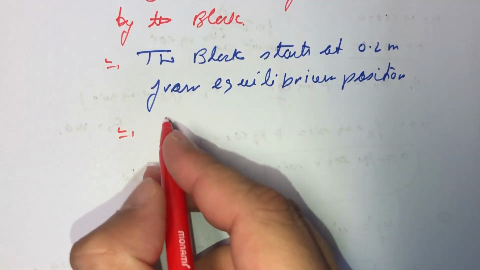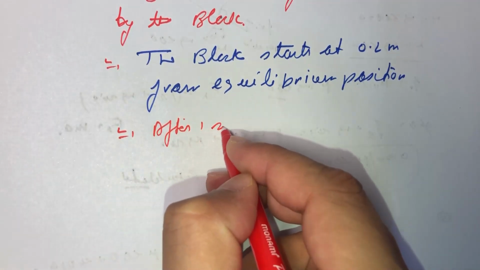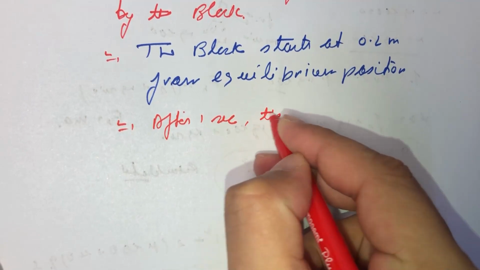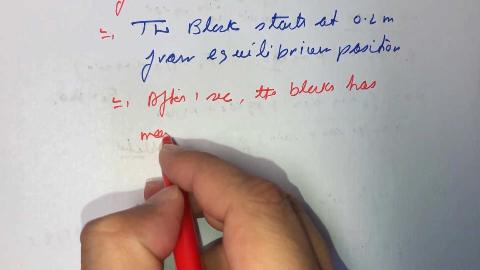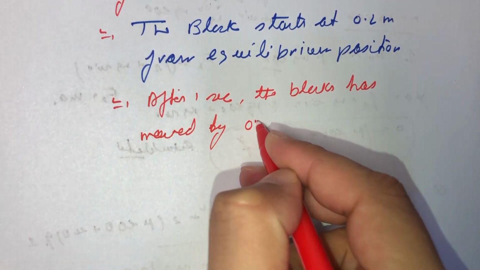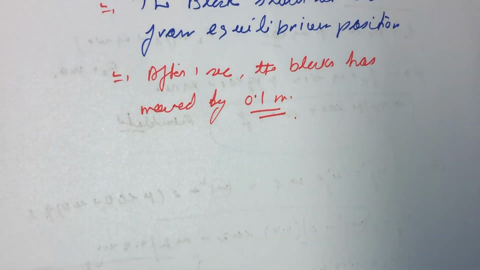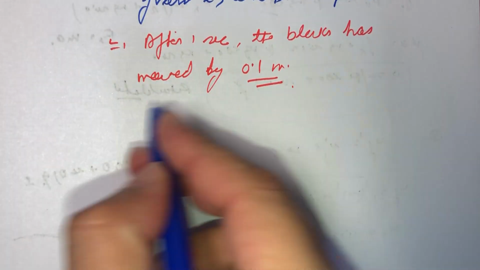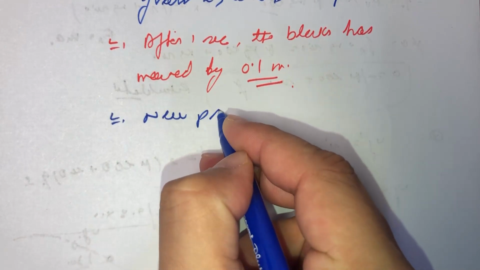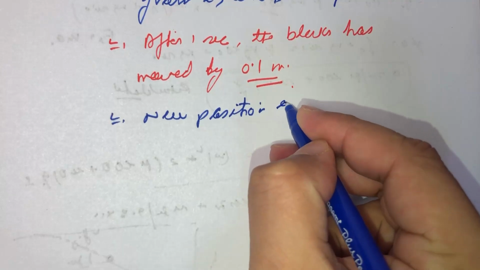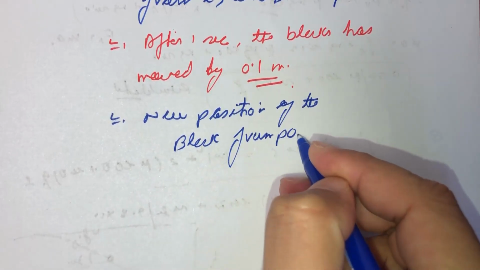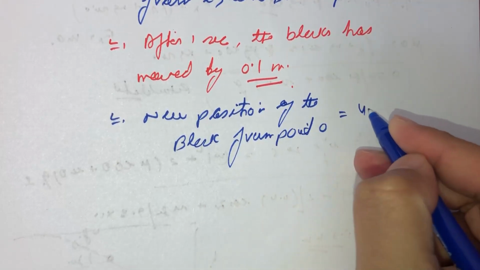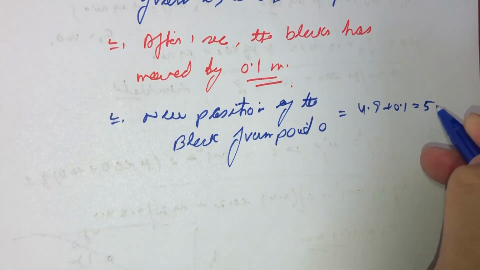So we can say that the new position of the block from the point O will be equal to 4.9 plus 0.1, and that is equal to 5 meters.